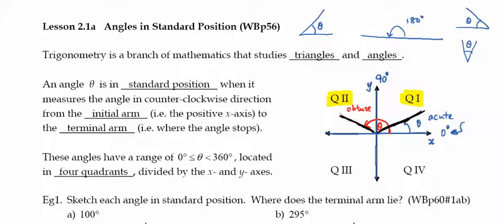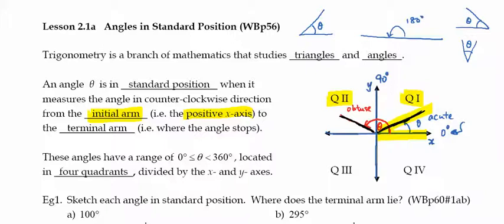So you're going to start your measurement from the positive x-axis, or technically we call it the initial arm. This is the line that you're going to start with, and you are going to turn your angle to a point that you want to measure, and we call this the terminal arm.